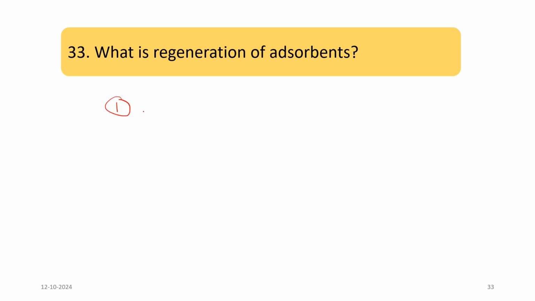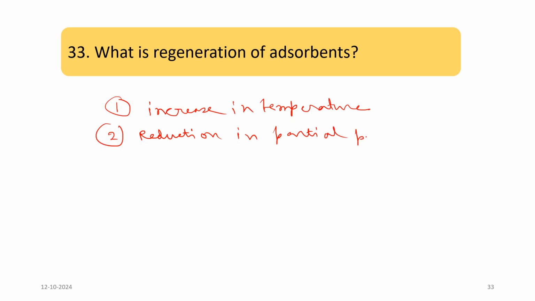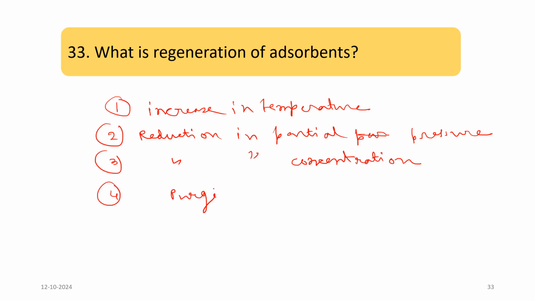Increase in temperature, reduction in partial pressure, then reduction in concentration, purging with an inert fluid, displacement with a more strongly adsorbing species, and changing pH or changing chemical conditions. Okay, so this is how regeneration of adsorbents can happen.